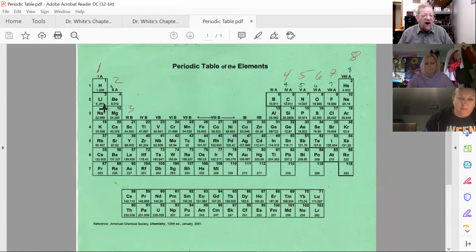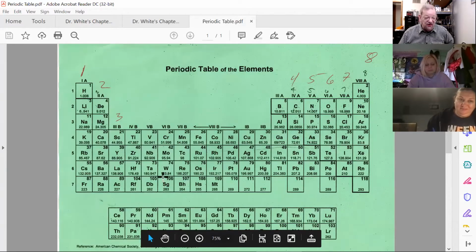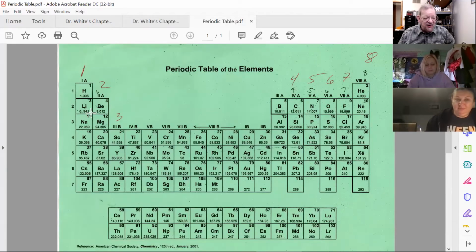Thank you. Well, how do you find the atomic weight of a compound? Well, first of all, you make this periodic table larger so you can see. You look underneath the compound and you see the atomic weight. Hydrogen is this, oxygen is over here.